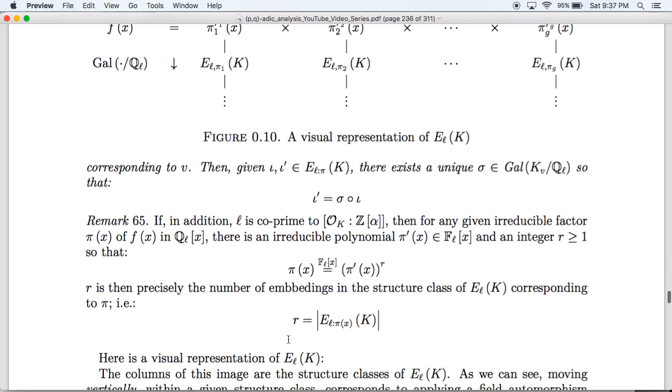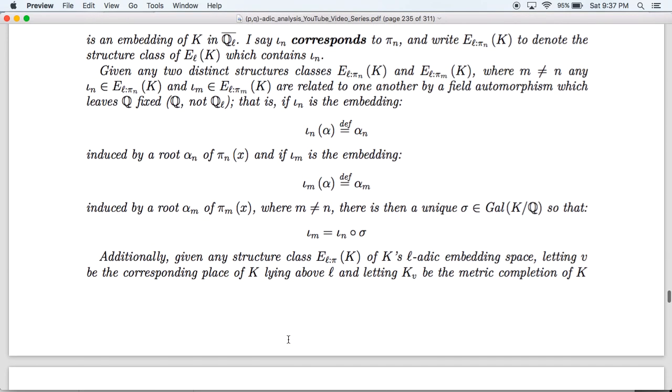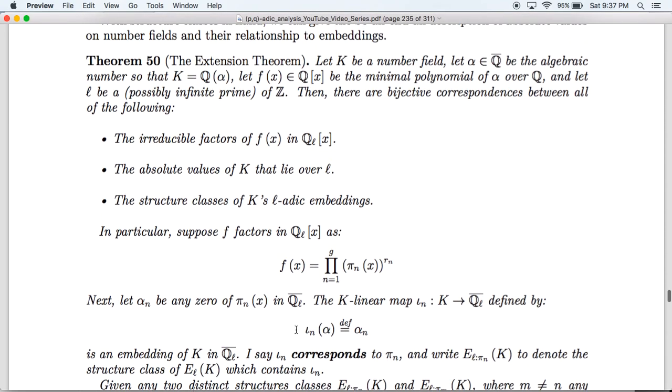And so then there's our visual representation, and it's quite nice. Now, just as a heads up, notice that here, I told us how to go from the irreducible factors to the structure classes.